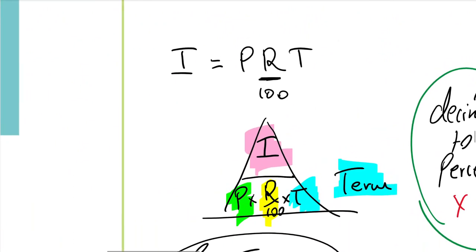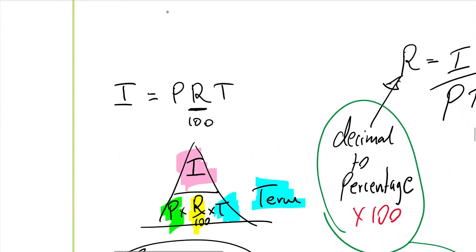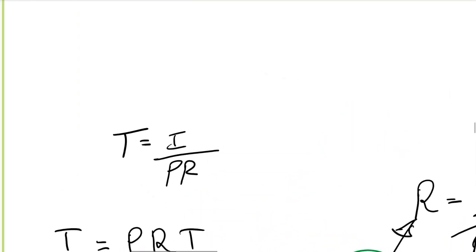I am looking this time for the term. So the term T, I'll write down T equals. Then I cover the T. I divided by PR. All right. From here, who can tell me what's my interest? $50, good.